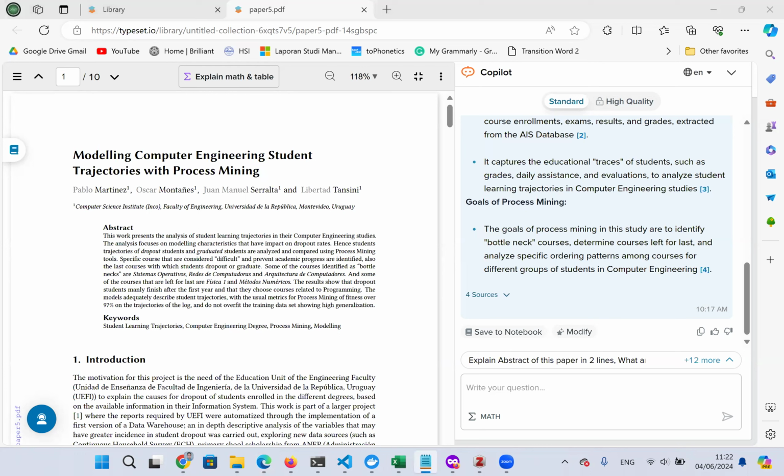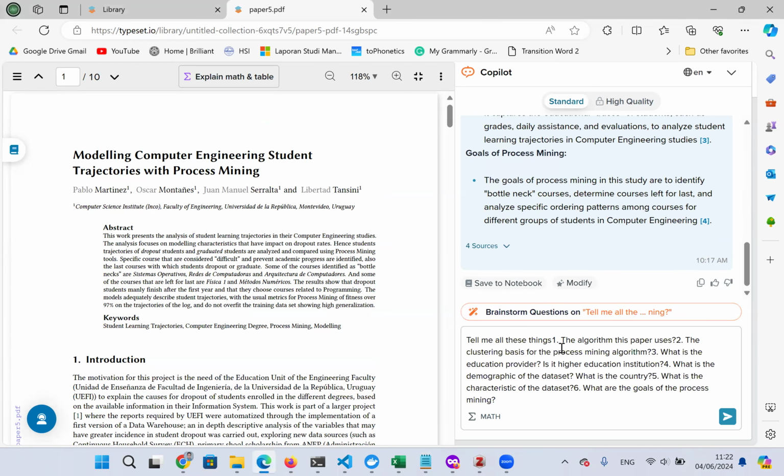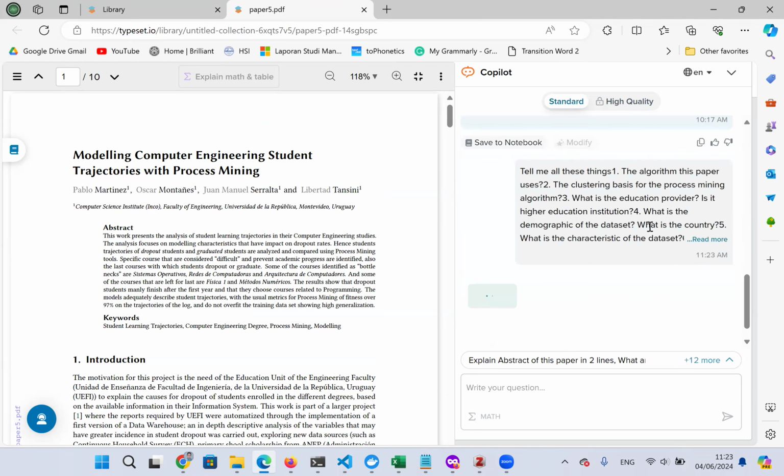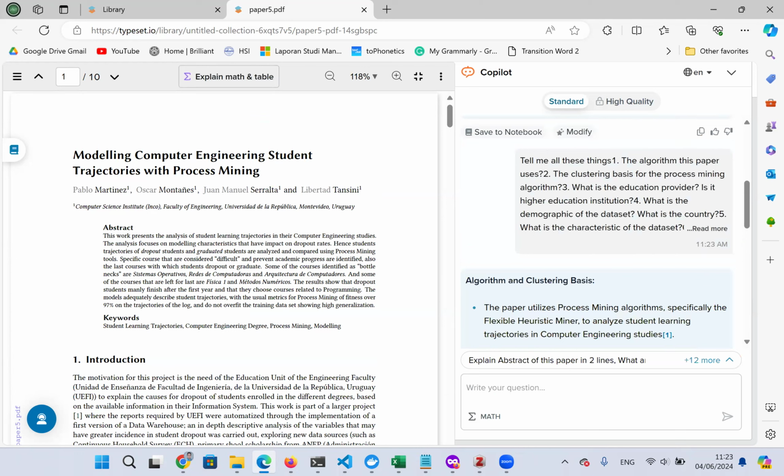We have this prompt here, and I'm going to copy and paste it. The prompt is like this.